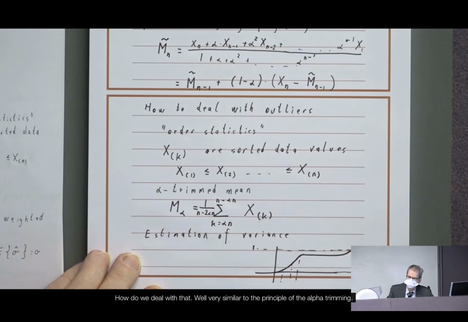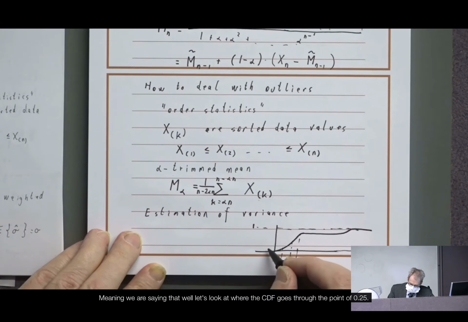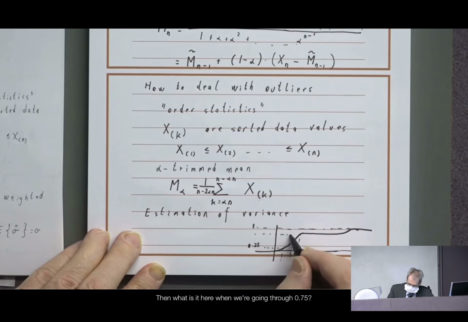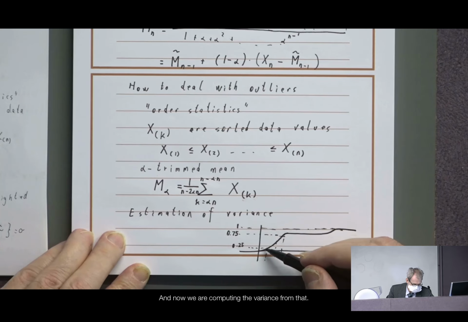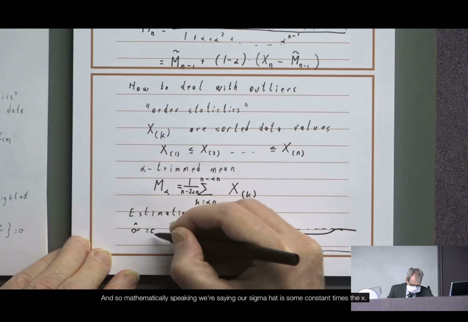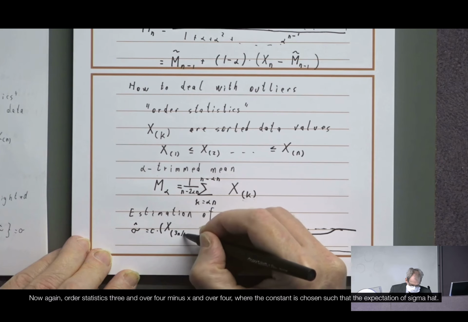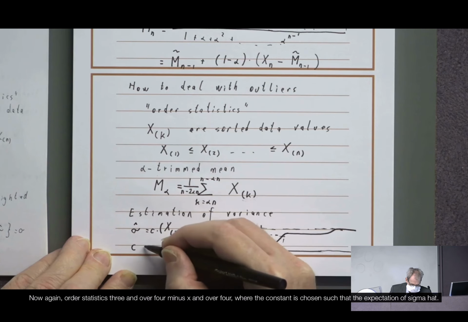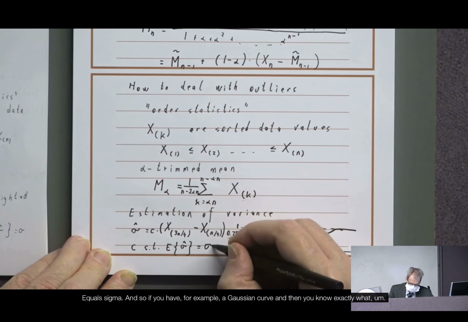How do we deal with that? Well, very similar to the principle of the alpha trimming, we are saying, let's look at where the CDF goes through the point of 0.25, then what it is when we're going through 0.75, and now we are computing the variance from that. Mathematically speaking, our sigma hat is some constant times the order statistics x at 3n over 4 minus x at n over 4, where the constant is chosen such that the expectation of sigma hat equals sigma.